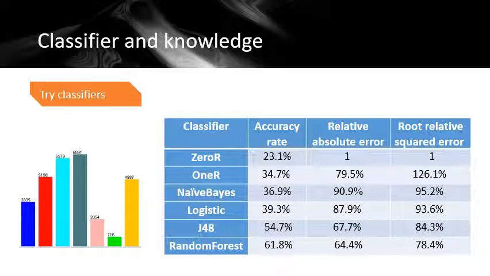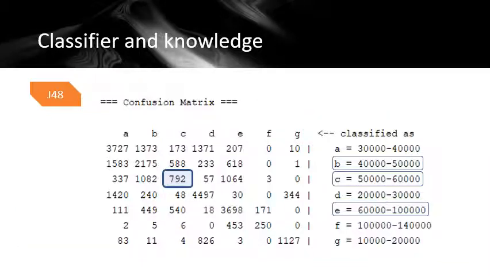Since most classifiers have low accuracy, our group guesses this low accuracy may be due to the fuzzy boundary of each class. In order to clearly understand the fuzzy boundary, here we give an example for the J48 classifier.